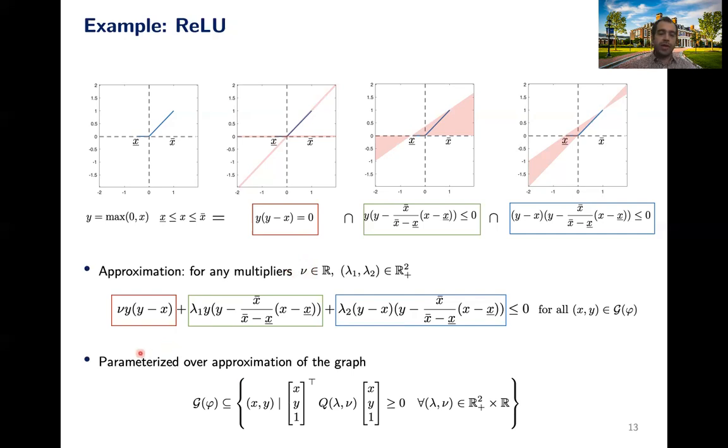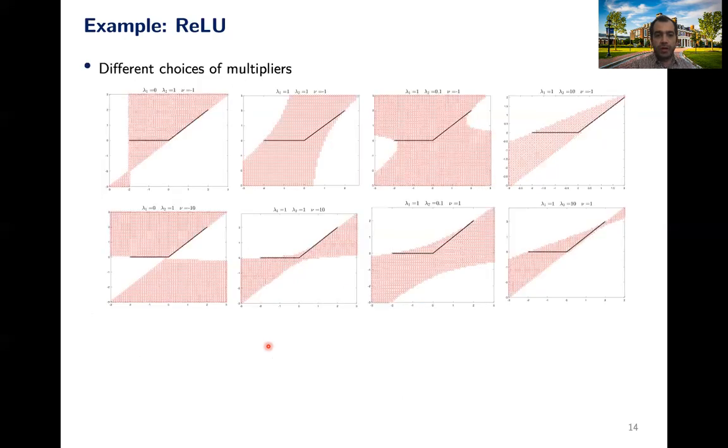What we are doing by adding a linear combination of these QCs is deriving a parameterized over approximation of the graph of the ReLU, and this over approximation depends on what value we choose for the multipliers.